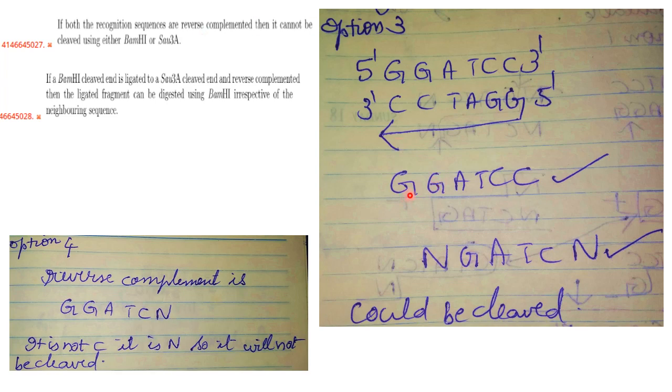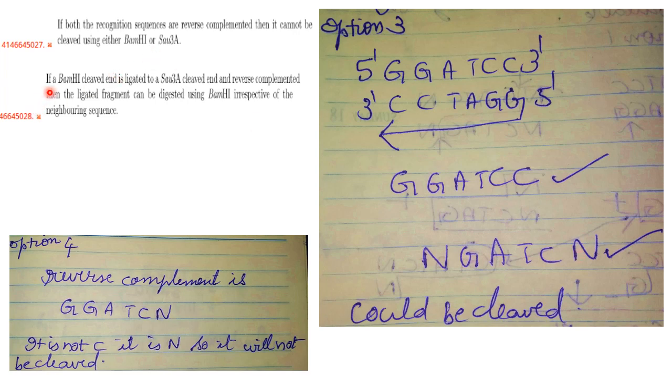Now if you read this reverse complement, and we know that the restriction enzyme sequences are palindromic, you can cleave them with BamH1 and Sau3A respectively if they are reverse complemented. This sequence is same as this sequence. So it could be cleaved with BamH1 and this one could be cleaved with Sau3A. So third option is also incorrect.